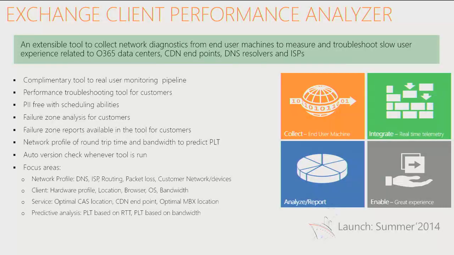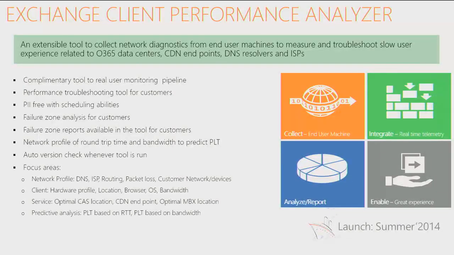We have an extensible tool which collects network diagnostics from end user machines to measure and troubleshoot slow user experience to our data centers. The strength of this tool comes from it being highly integrated with our EDS pipeline. If you run it from your machine at home, we are able to know what kind of latency and bandwidth you are getting.